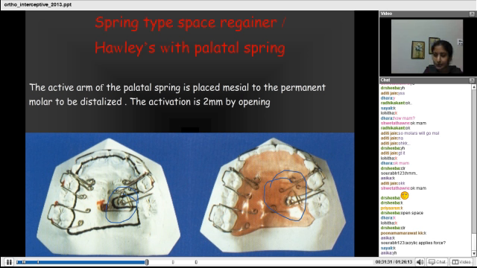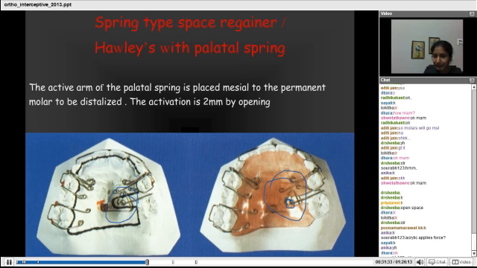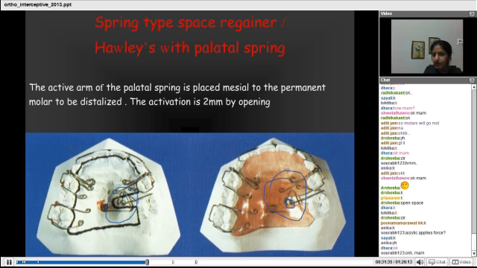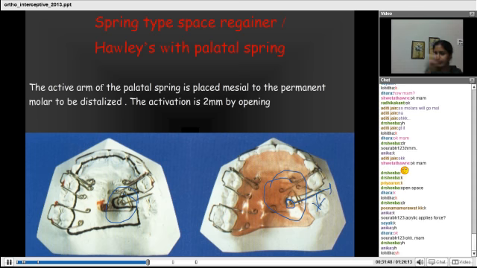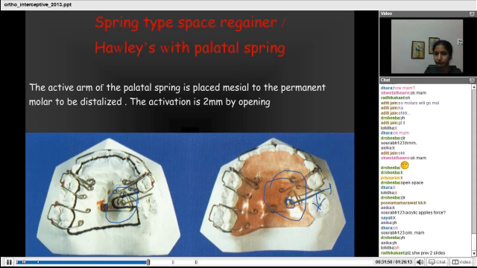In a palatal spring, you just activate the spring and it will start moving the molar distally. As you keep activating, this arm which is here will start moving distally. Clear? So that is a Hawley's with a palatal spring, also known as spring style.